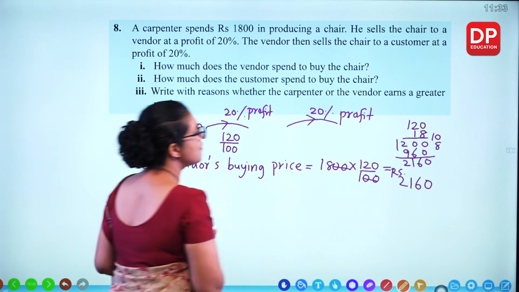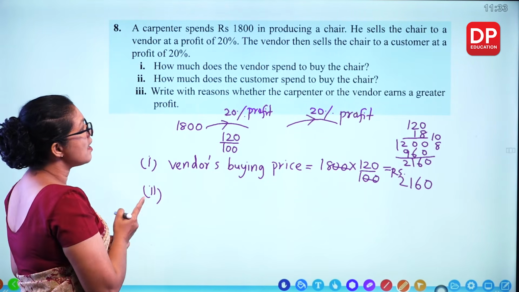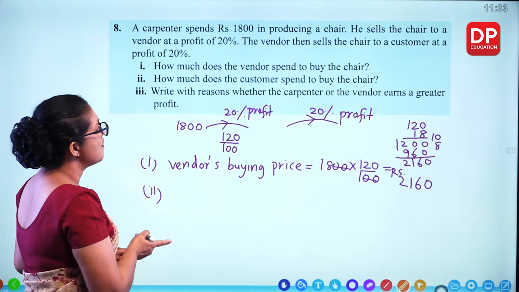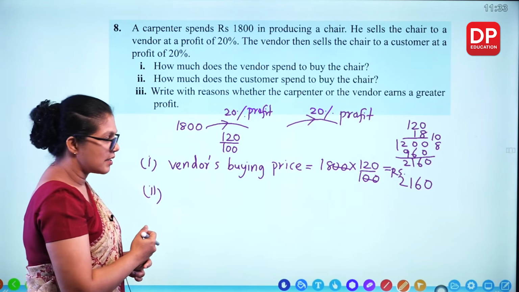That's the first part. Then second part, how much does the customer spend to buy the chair? That means this is the vendor, again 20% profit.